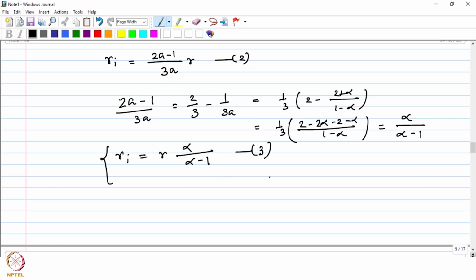For alpha less than 1, you can see that Ri is less than 0, and therefore the interface will develop a bump.